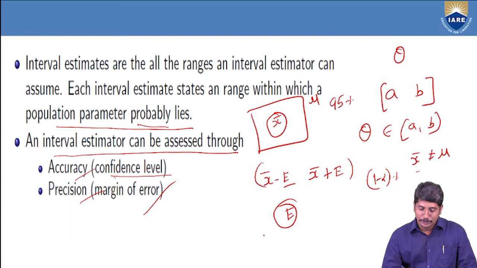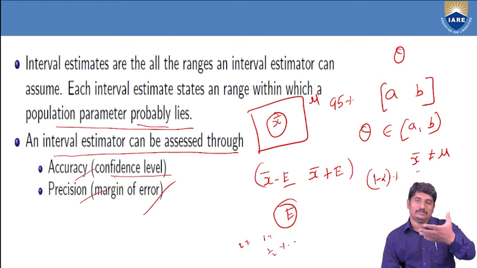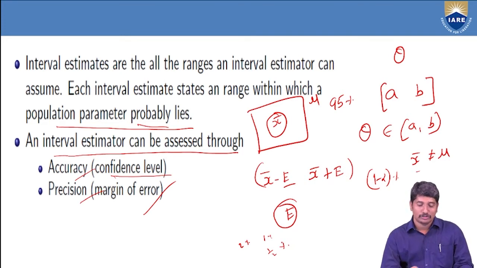That means E should be very meager, like 2% or 1% or even half a percent. Then we say that we are nearest to the original value of the parameter. So these two play an important role in deciding the level of estimation we have done using the sample in order to estimate the population parameters.